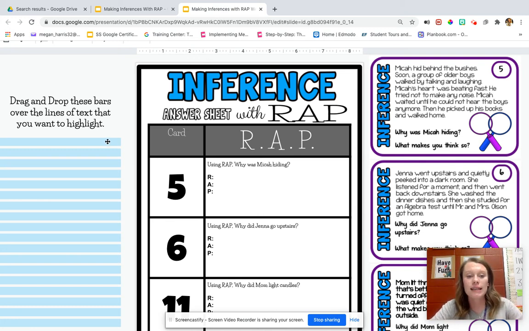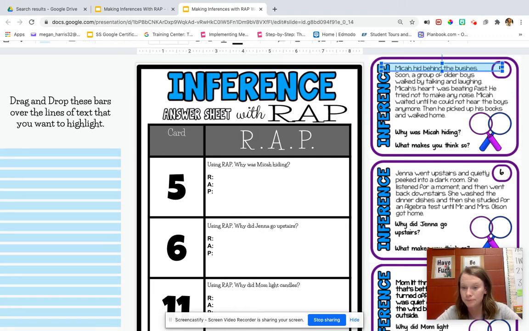Okay, so listen, kiddos. I see a lot of this where we highlight the Micah hid behind the bushes. Okay, listen. We already know that he hid because it says it right here. Why was Micah hiding? The part that we want to really pay a lot of attention to is this big part right here that says, why was Micah hiding? So this doesn't necessarily have to be a clue.